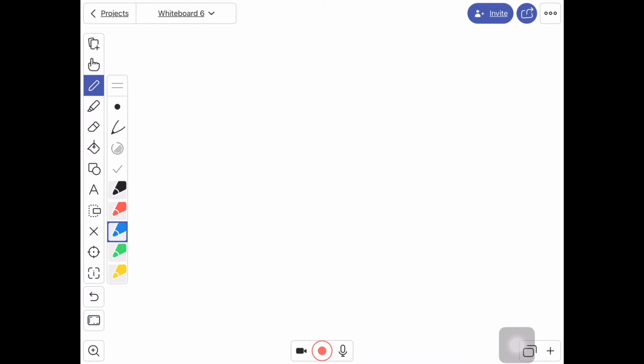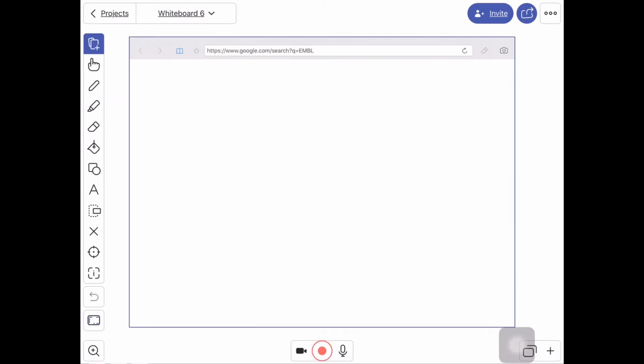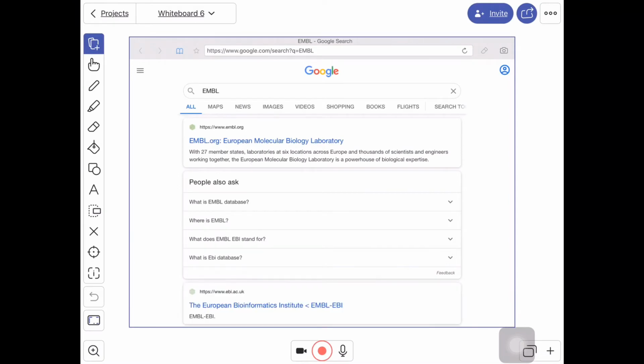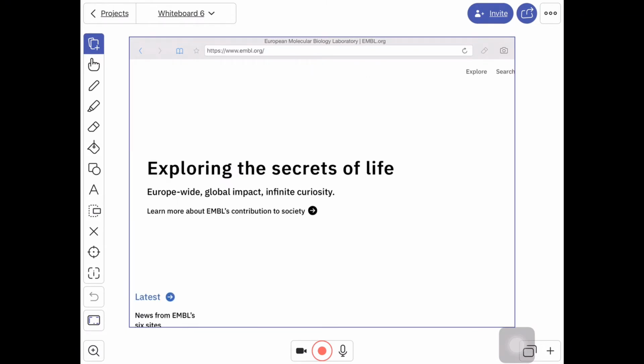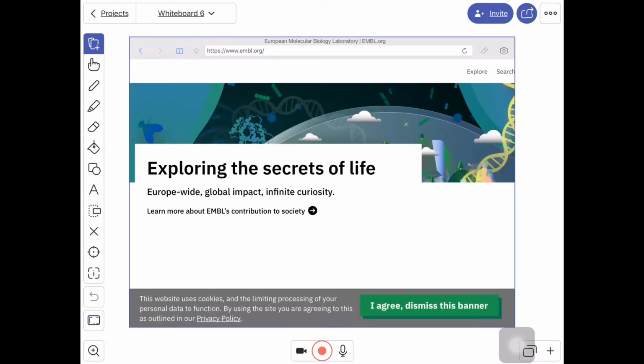Some of the databases which are given in your textbook are EMBL, European Molecular Biology Laboratory Database, and this database also contains a large collection of nucleotide sequences.